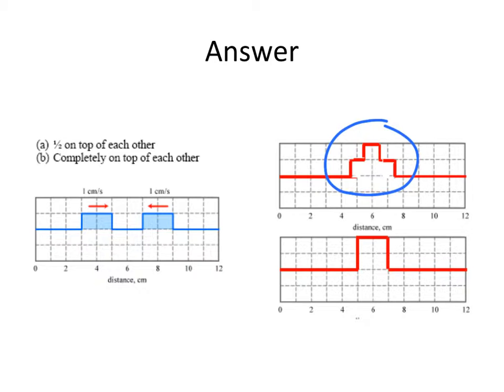Because when they're half on top of each other, this part of the left wave is combined with this part of the right wave, and you get a tall box right here where they combine. So they add together to give you this form. This part right here and this part right here are just left over. So you see those just sitting on the left and the right hand side right there.